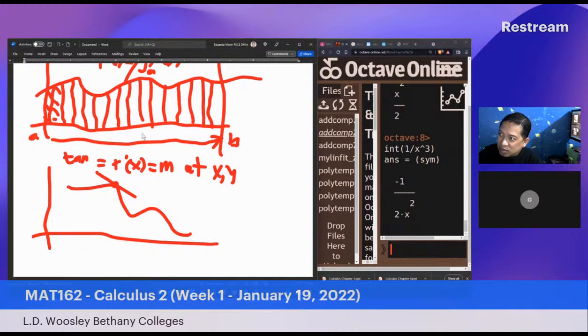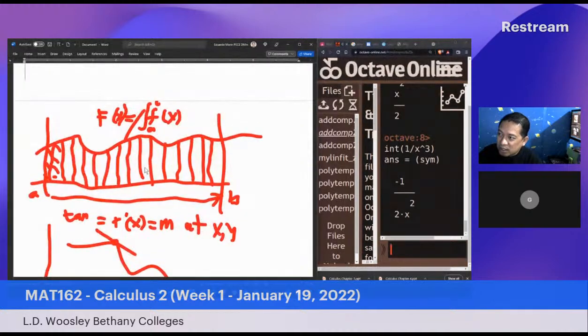Pagdating naman sa integration, yan, ang geometric idea niya is covering the area of that function. Now, that covers the area. Okay? So, of course, geometrically, hindi natin mapapakita na opposite sila. So, medyo mahirap ipakita. Though may correlation pa rin yun.